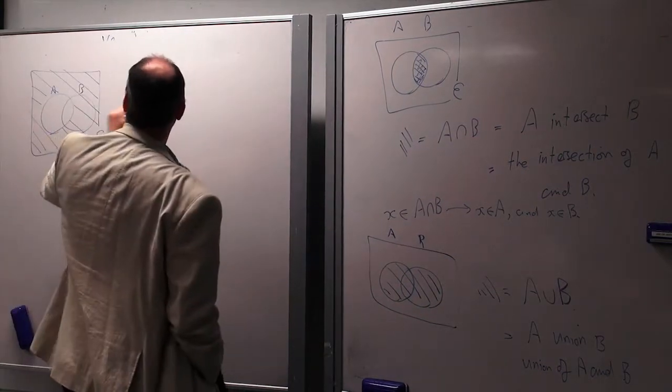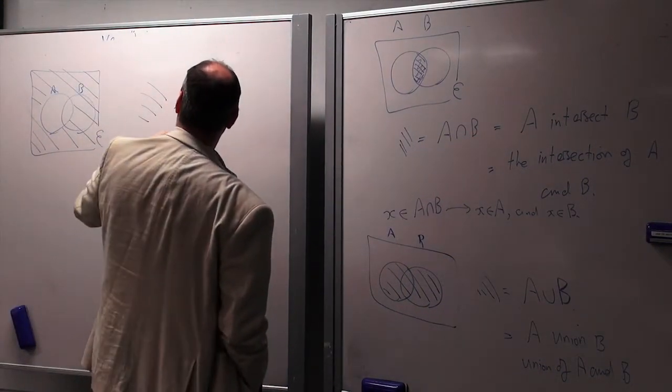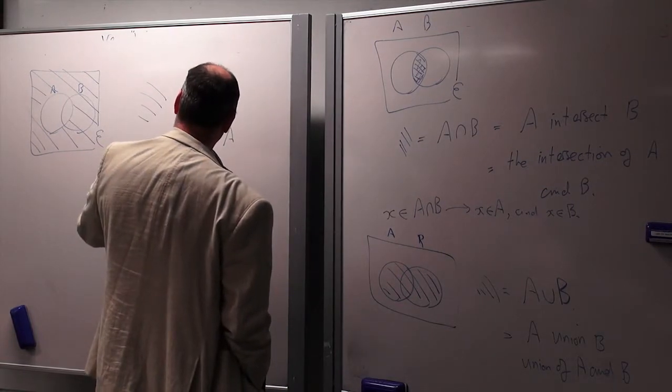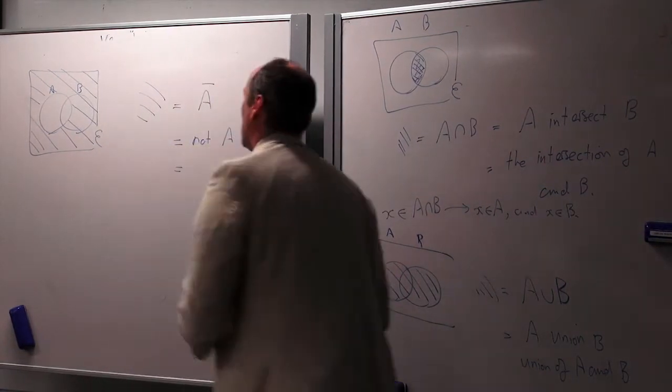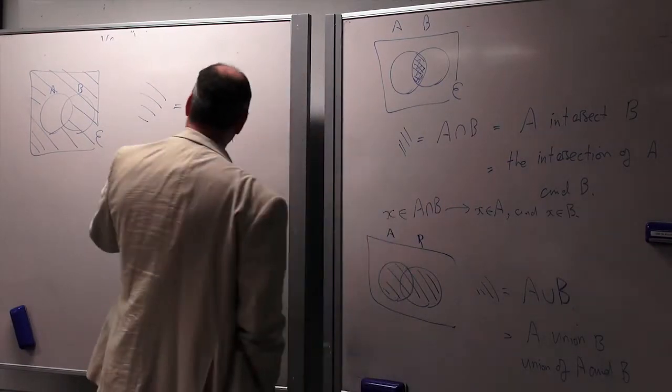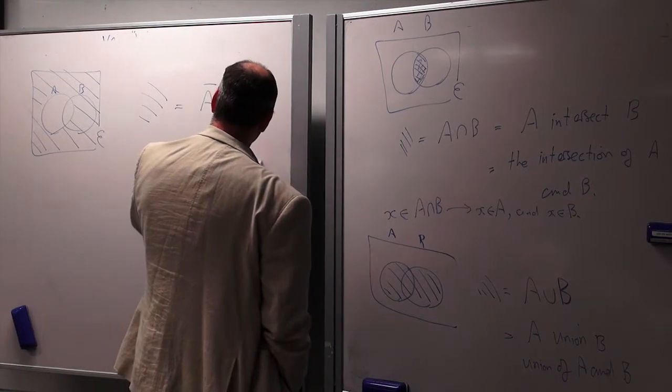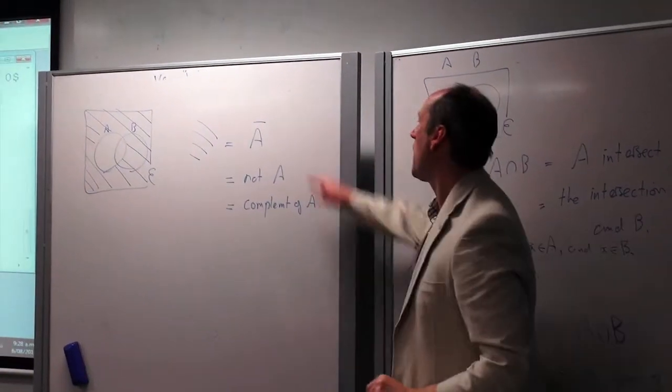Shaded area equals A bar, not A, the complement of A, with a line over it.